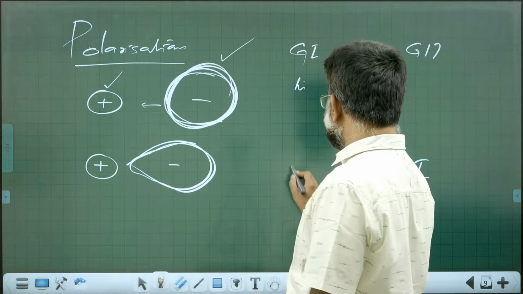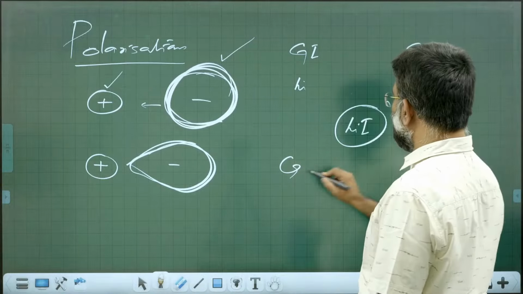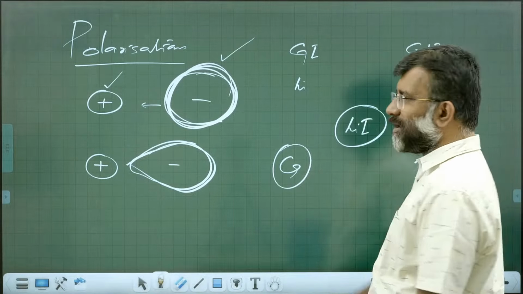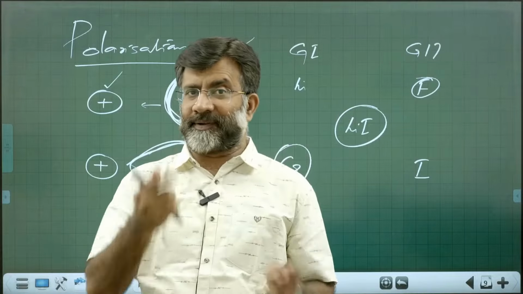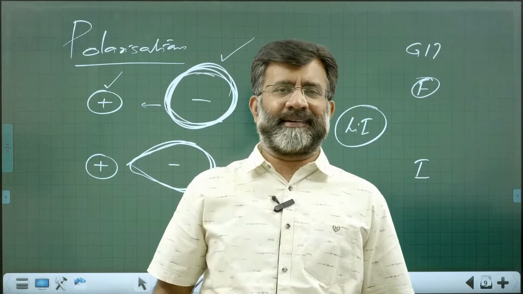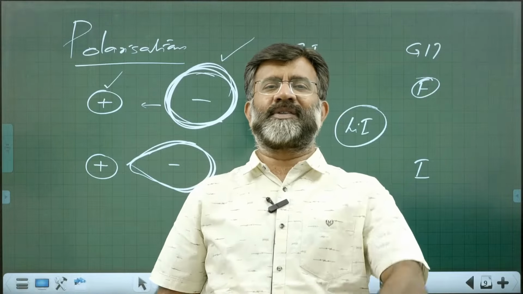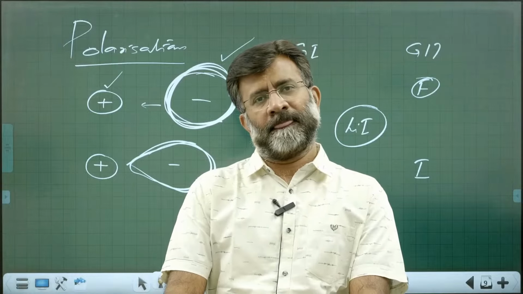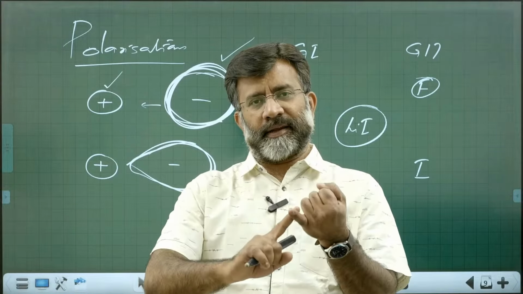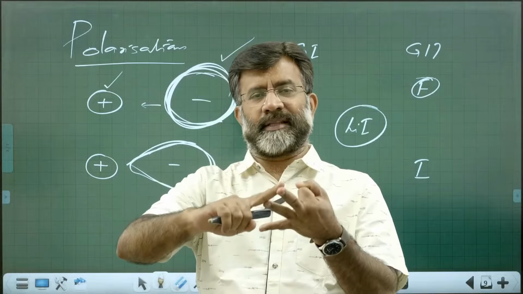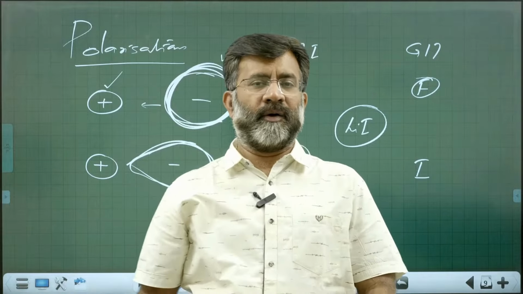Meanwhile, if you take cesium and fluorine, a larger cesium and a smaller fluorine, the ionic character will be greater. Covalent character and ionic character are inversely related. So a small cation, larger anion, greater the polarization, greater the covalent character.